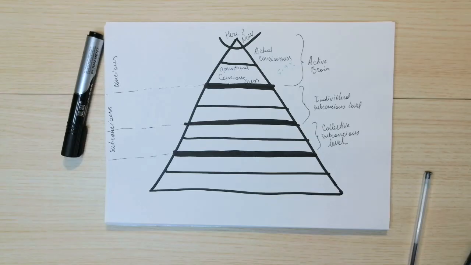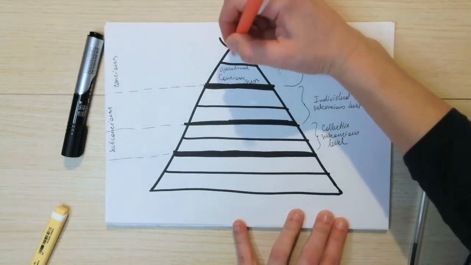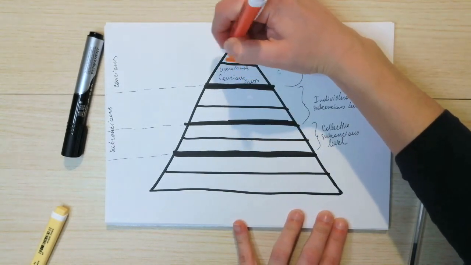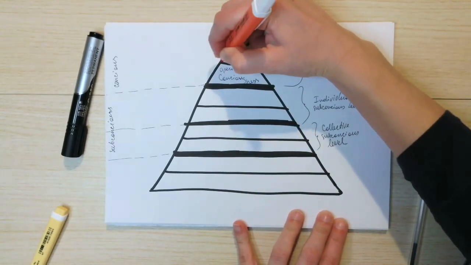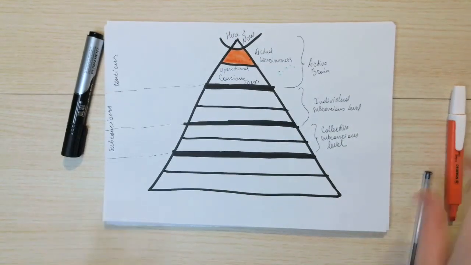to showcase these levels. So actual consciousness is the first level with red. You can follow along on the color as well.